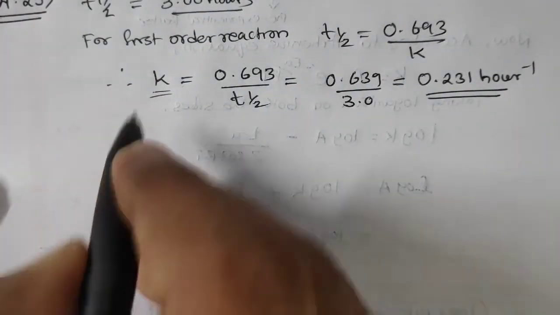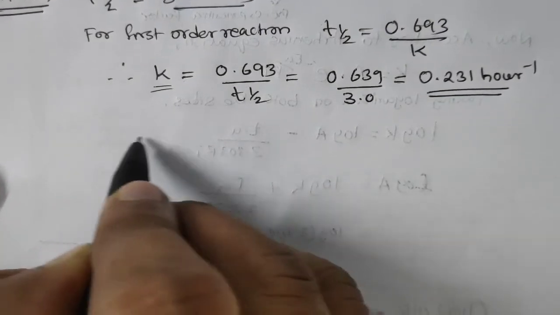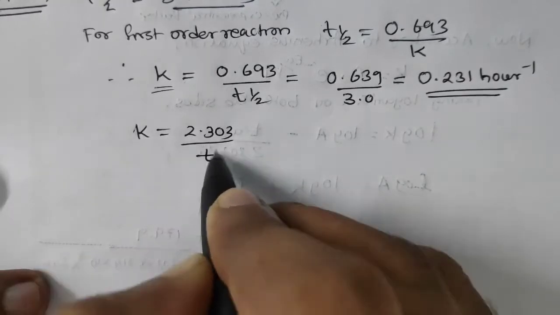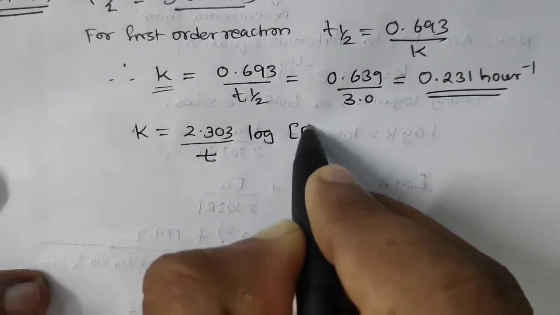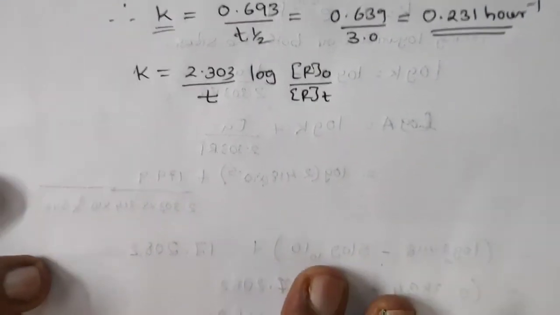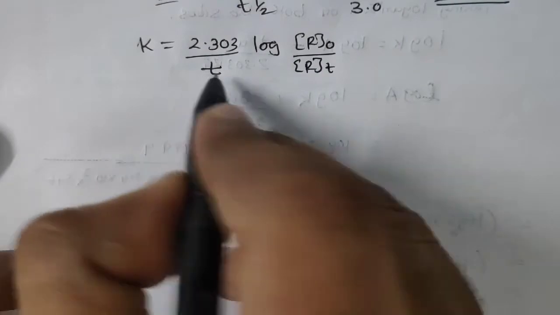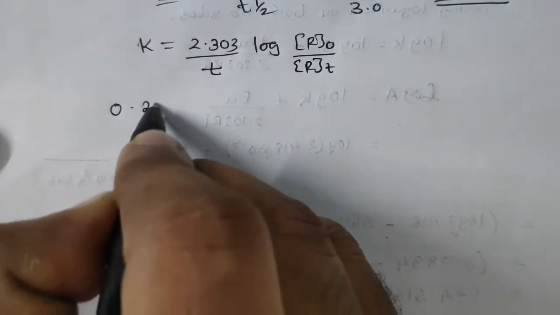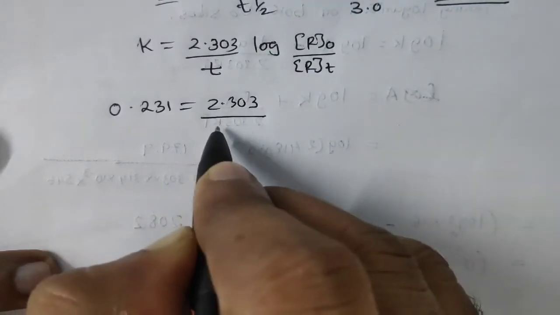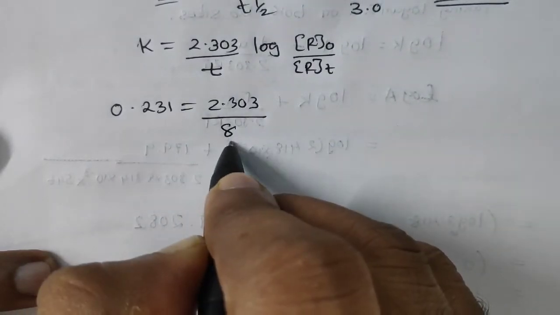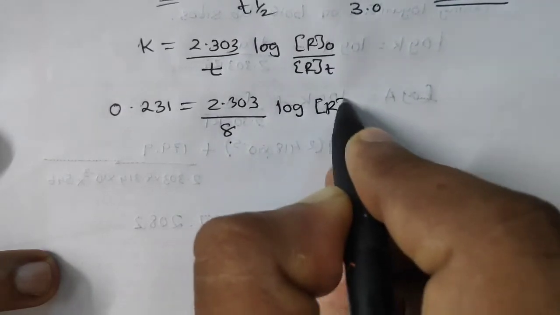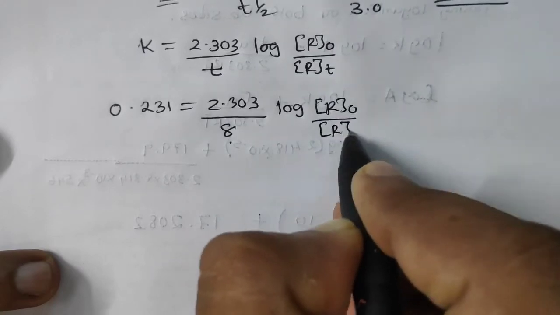Now we know the formula for a first order reaction: K is equal to 2.303 by t log R0 by RT. Clear? So if you write down all the values, 0.231 is equal to 2.303 by 8, since it was given that you have to find for 8 hours, into log R0 by RT.